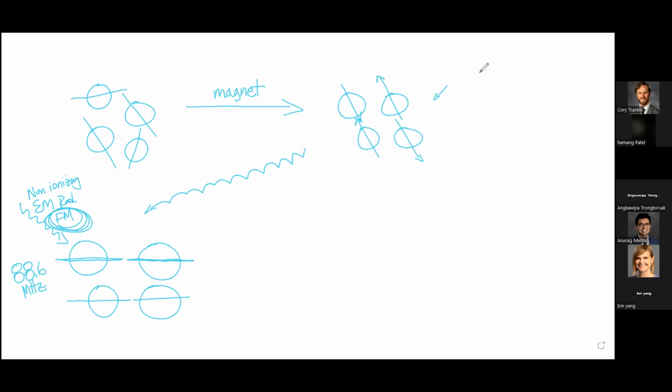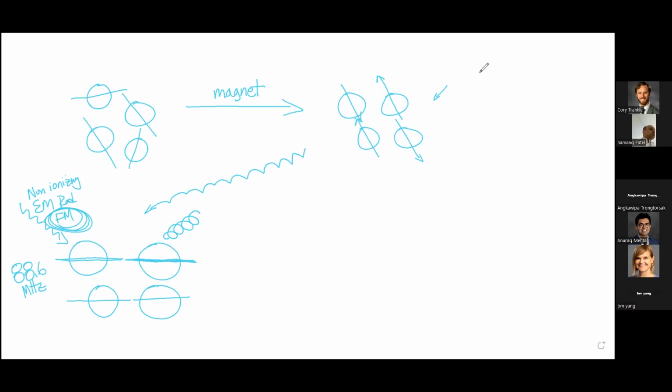One way is identified by this line. The other way is, believe it or not, they wind. So they tip their spins in two ways. One is kind of a transverse tip. The other is they wind up.